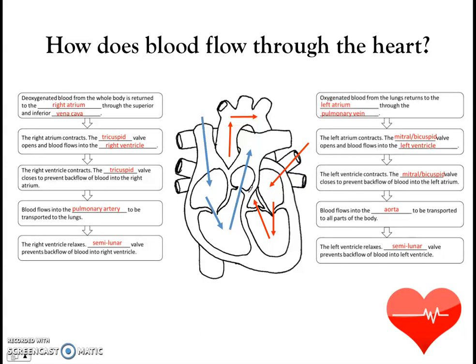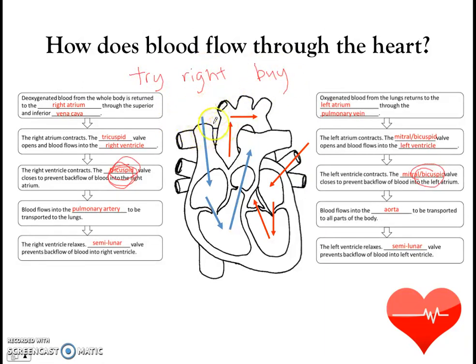And now the part that people usually find quite difficult to remember is, how do I remember which side the tricuspid valve and the bicuspid valve are on? One helpful way that I found is to remember this phrase: try it right before you buy it. You always want to try that something is working right before you buy it, right?